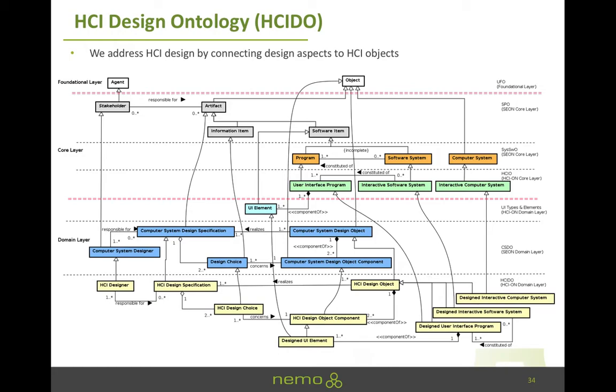In this figure, we have the HCI design ontology. It is our ontology that talks about human-computer interaction design. It addresses design by connecting design aspects to HCI objects, and we use some HCI-ON concepts from our core ontology and from our domain ontologies about the user interface.